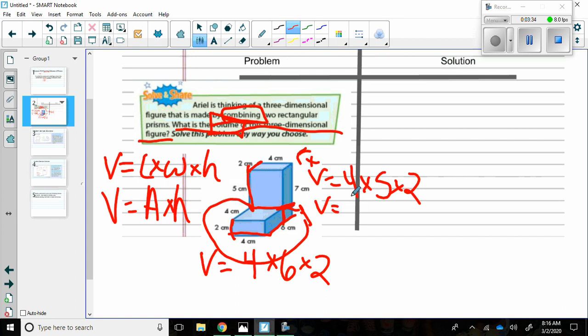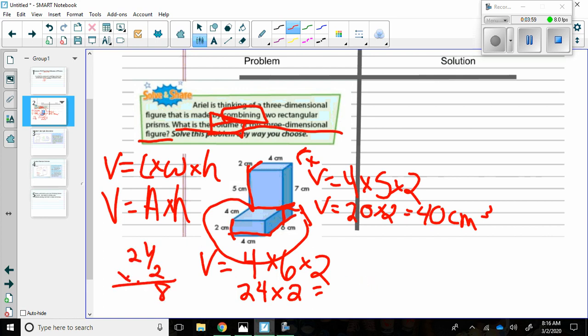So 4 times 5 is 20, and 20 times 2 equals 40 centimeters cubed. And then we have 4 times 6, which is 24, times 2, which is 48 centimeters cubed.